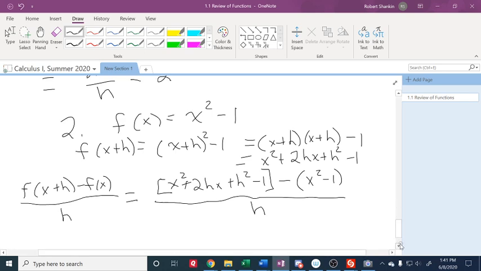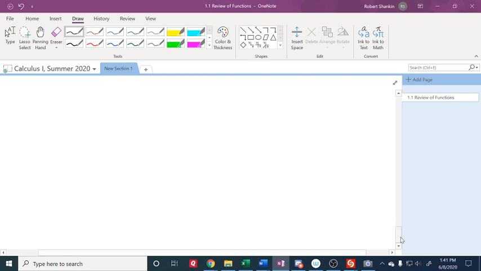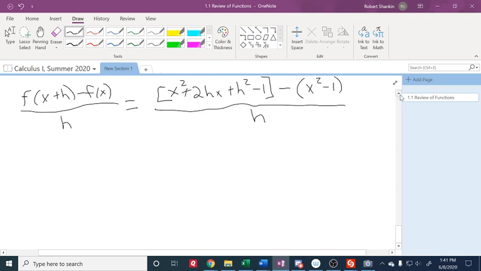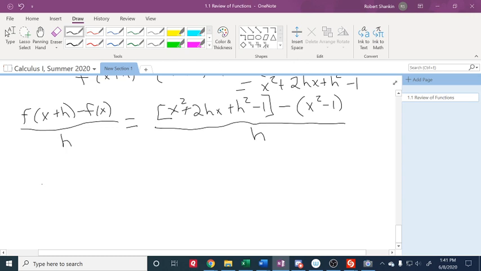And then I can see that this and this will cancel. This minus 1 and this plus 1 will cancel. And I'll get 2hx plus h squared divided by h.